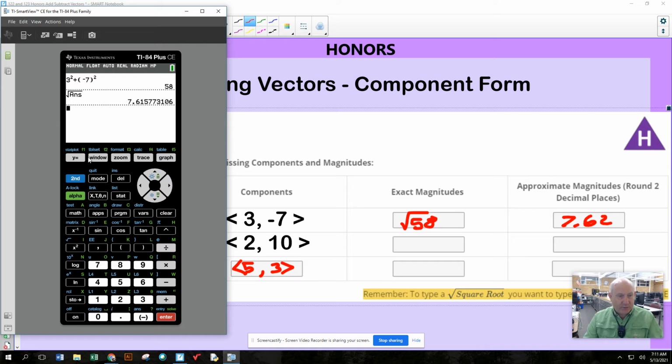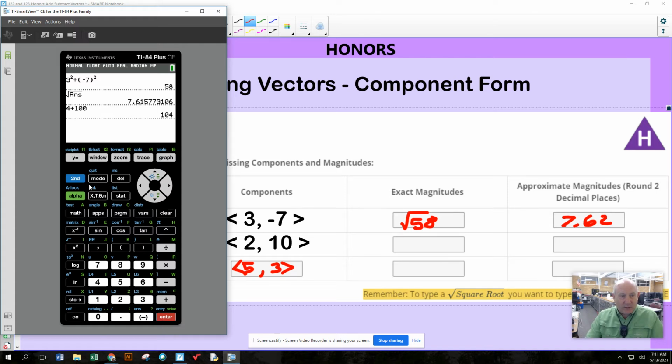We're going to do the square root of 2 squared plus 10 squared. Well, we can actually do this in the head, right? 2 squared is 4, and 10 squared is 100, which gives us 104.